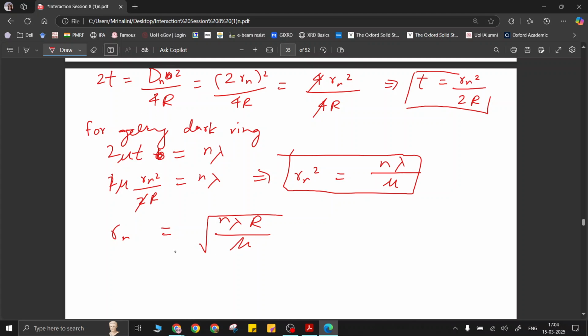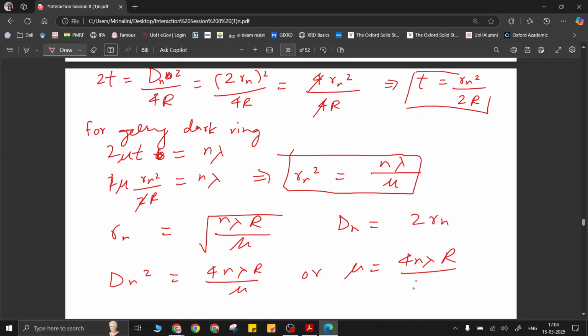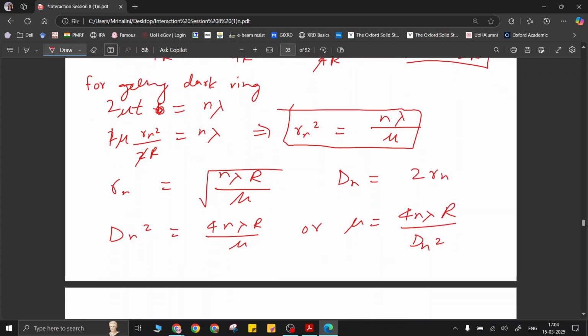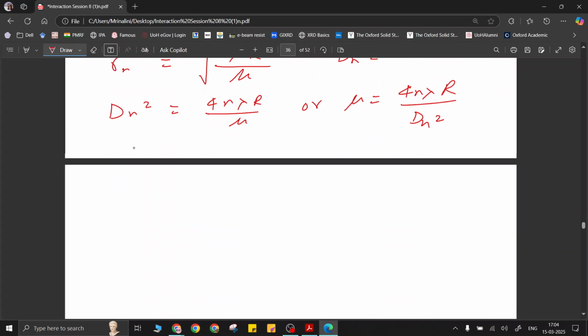So from this, now diameter is 2 times rn. So dn squared will be 4n lambda r by mu, or mu is equal to 4n lambda r divided by dn squared. Now we'll substitute all the values and we'll get mu, which we need to find out.